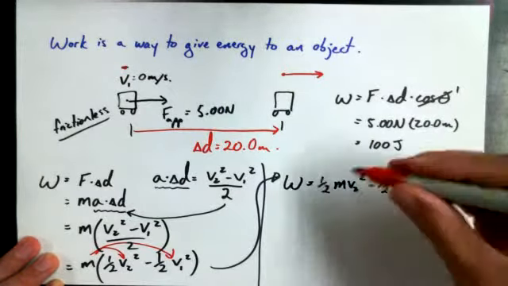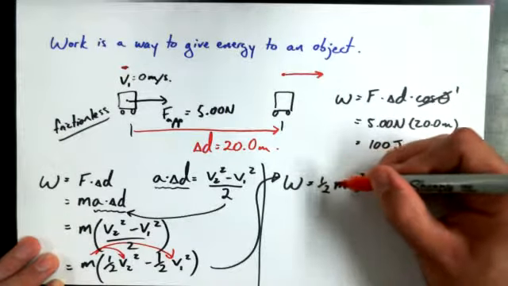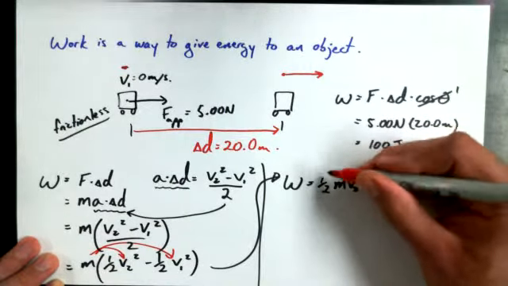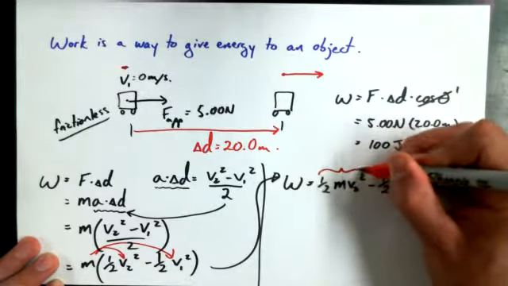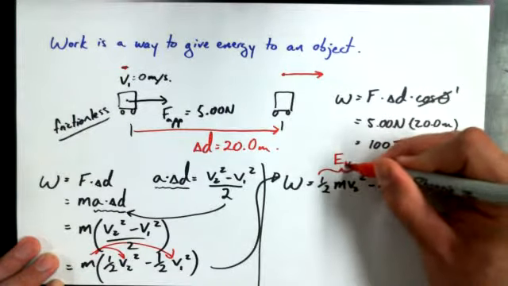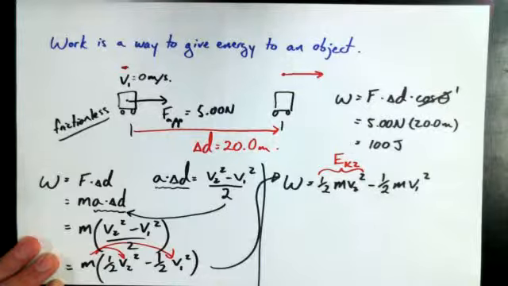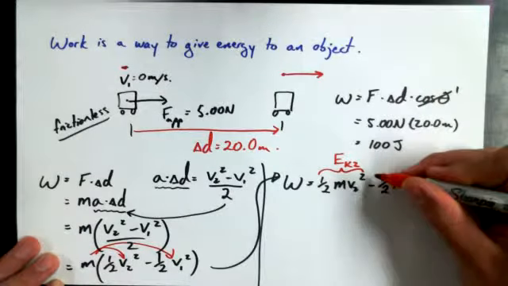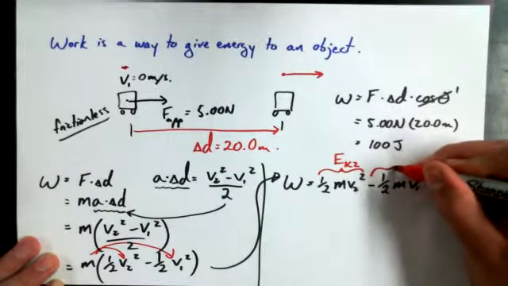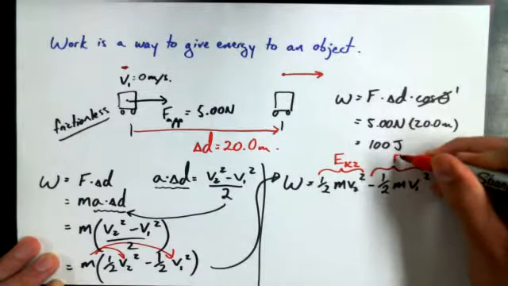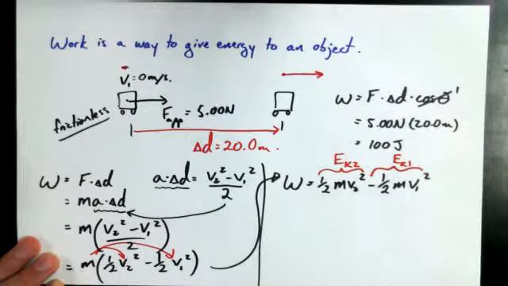And people say, hey, well, that's kind of kinetic energy, isn't it? They say, well, this must be the expression for the final kinetic energy. And this must be the expression for the initial kinetic energy. So the difference between those kinetic energies has to be the amount of new energy that I gave this thing.